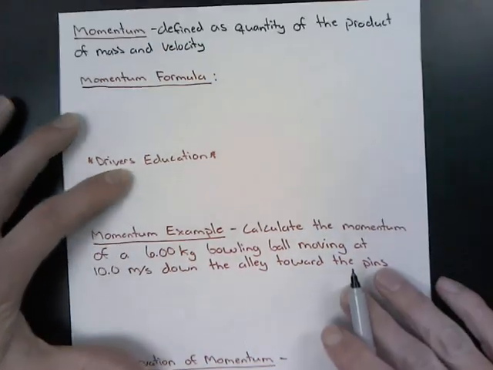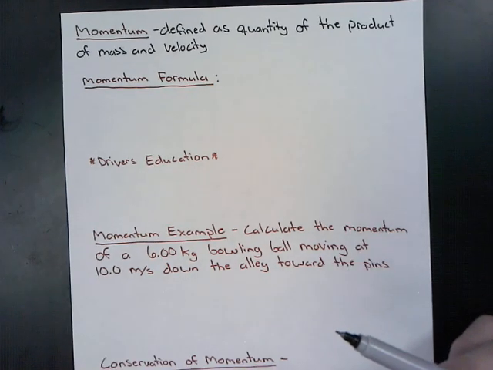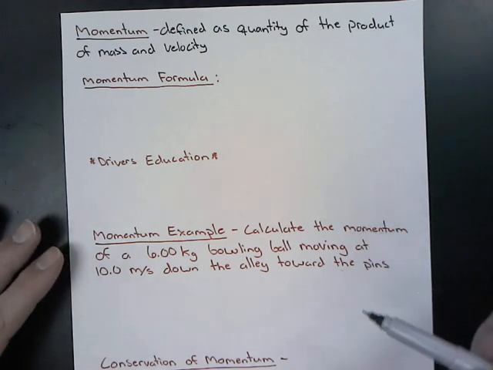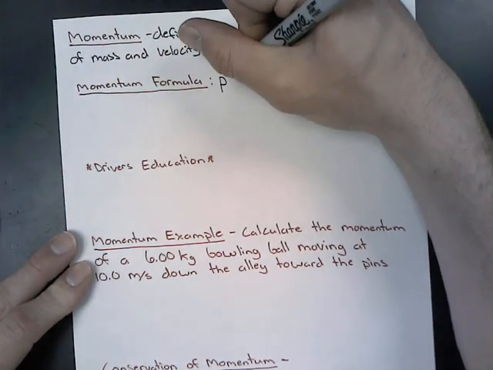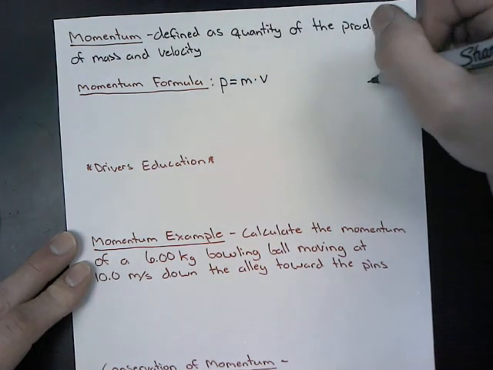All right, so really all that is saying in this definition is a fancy way for another math formula that we have in this chapter. So the formula for momentum is listed as this: P equals M times V.